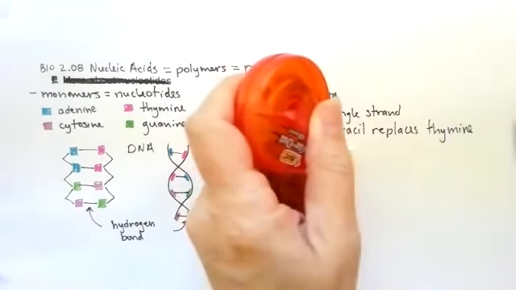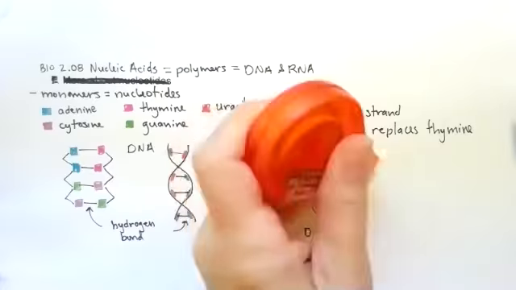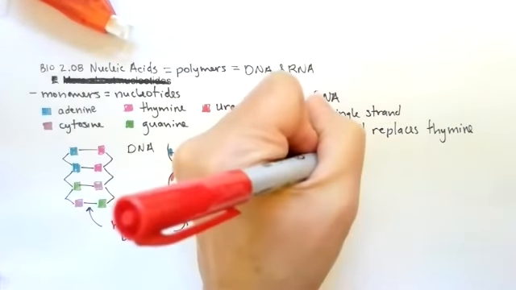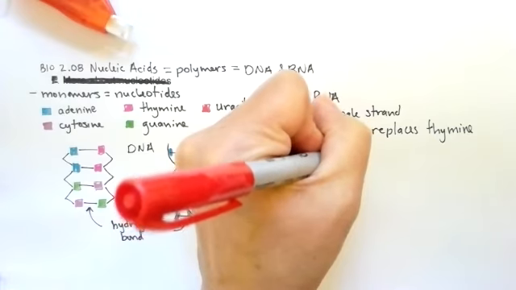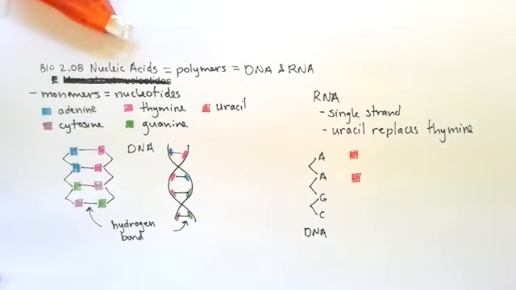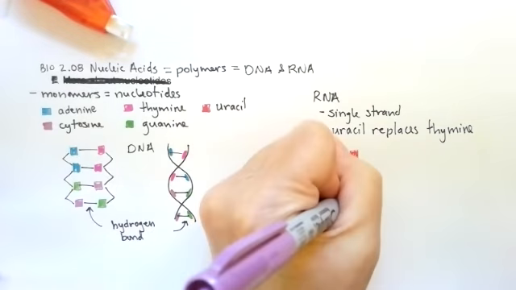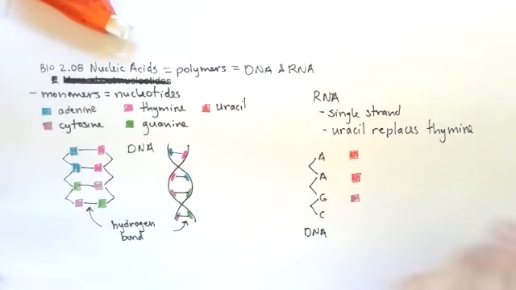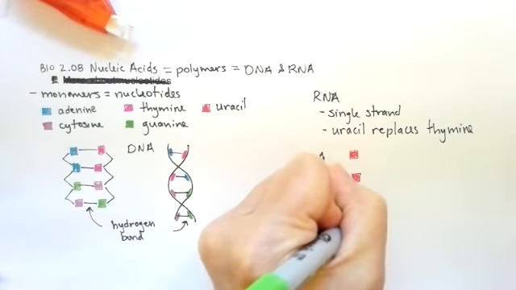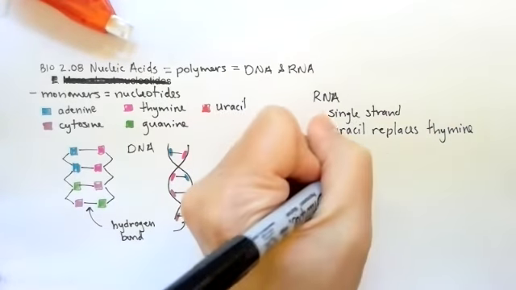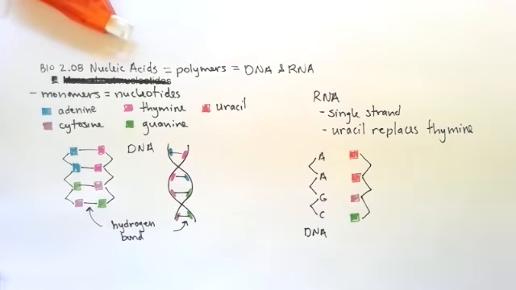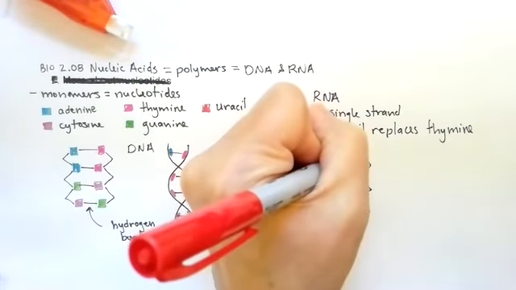So if I want to make an RNA copy, instead of having a thymine, I'm going to use uracil, uracil. And then cytosine and guanine would be the same. My red doesn't look very red there. I'm going to recolor that.